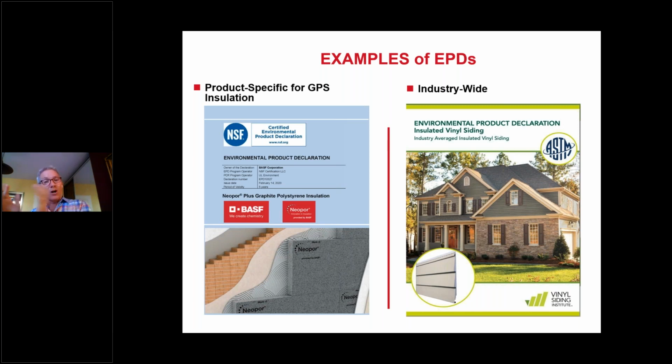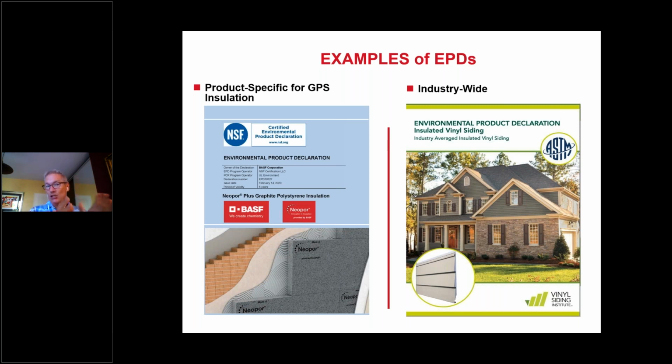Or you can have what we call, on the right-hand side, an industry-wide EPD. It's an average. So in this case, the Vinyl Siding Institute got together and they did an EPD, and they averaged all the information from 20 or 30 of their manufacturers across the country. And so you have an average of what all vinyl siding in the United States does, or insulated vinyl siding in this case. And the true power is combining both of these together.